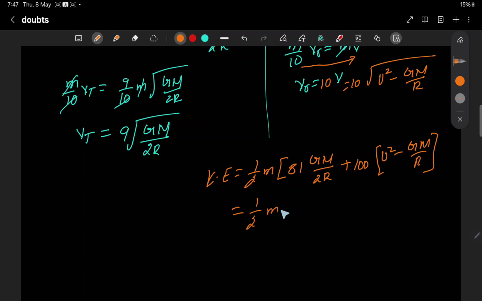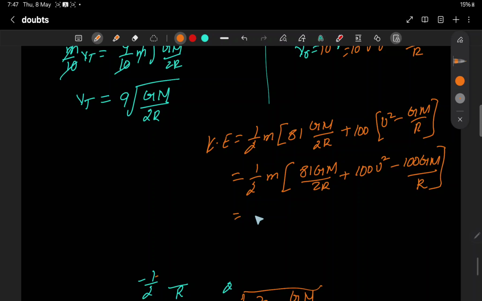So 1 by 2 m times 81 GM by 2r plus 100 u square minus 100 GM by r. Okay, we are getting this.